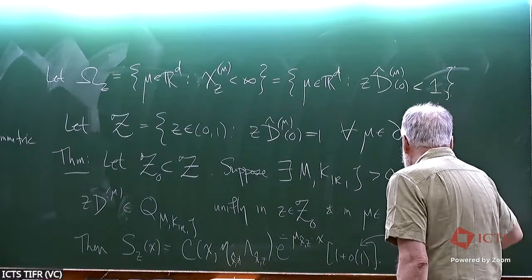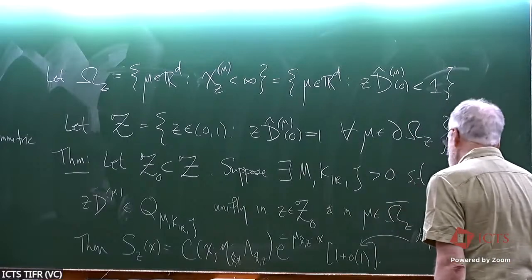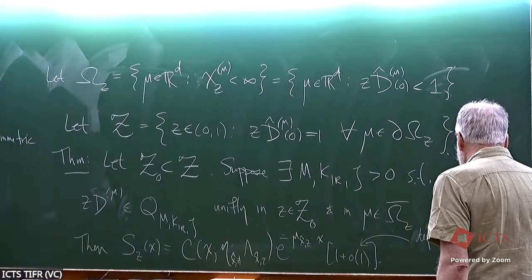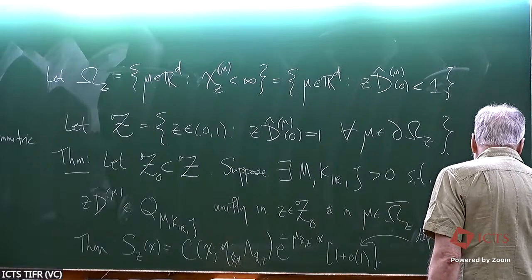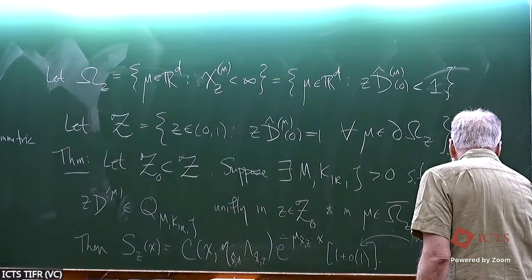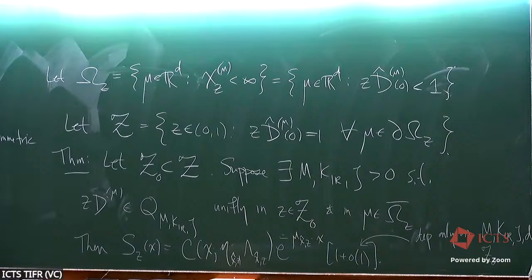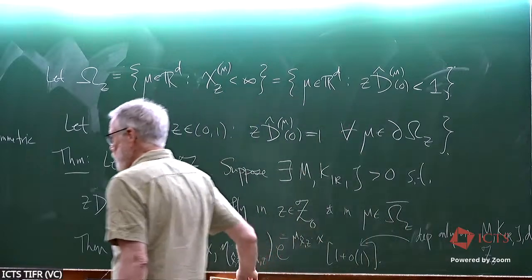I mean, it depends only on M, K, I, R, zeta, d and what is the choice of Z naught. If you take a worse Z naught, then you'll get a worse error, if you take Z naught bigger. We'll see why the Z naught is necessary when I verify the hypotheses.